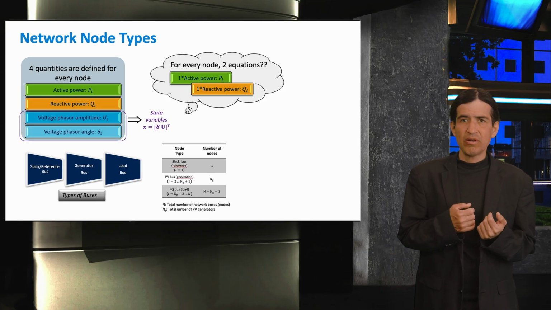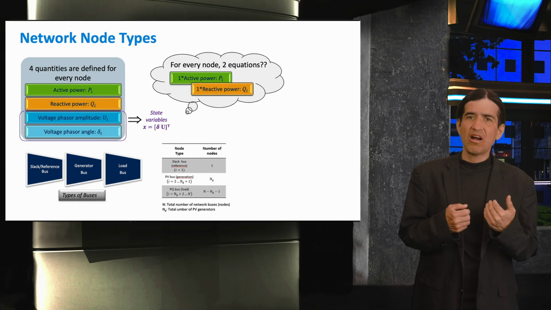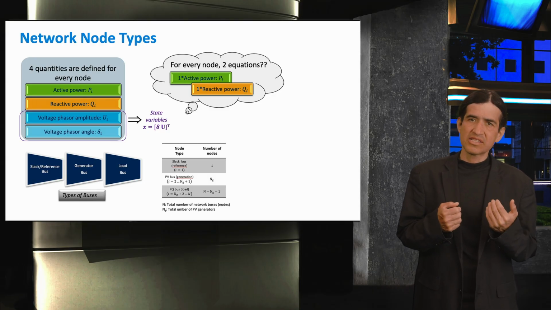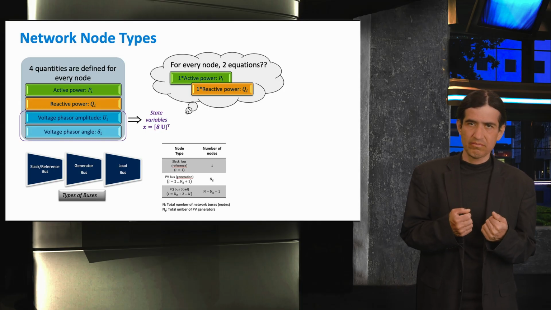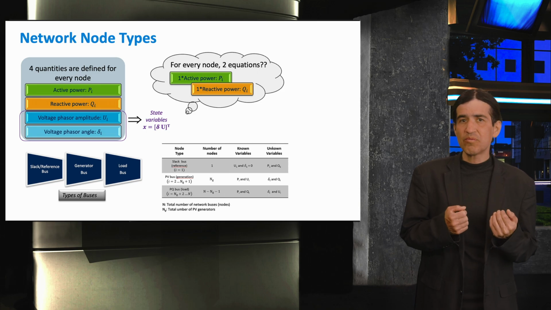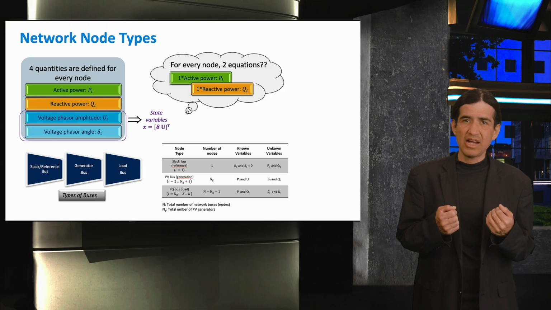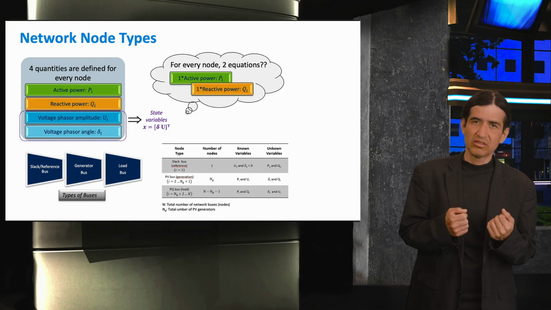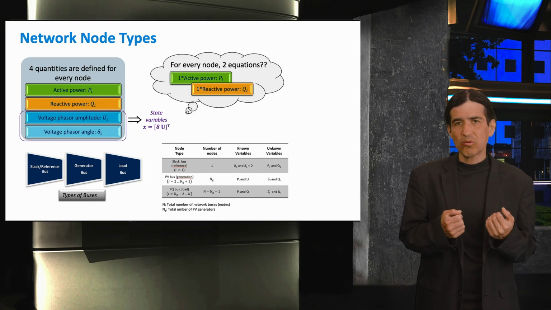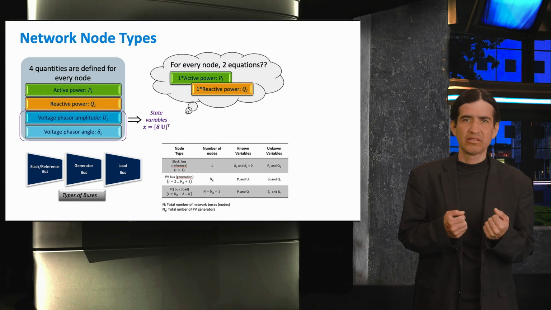To structure the problem formulation, the buses are classified as slack, PV, and PQ, based on known and unknown variables. The slack bus has known voltage magnitude and angle, while its active and reactive power are unknown. So, no power equations are solved for it.